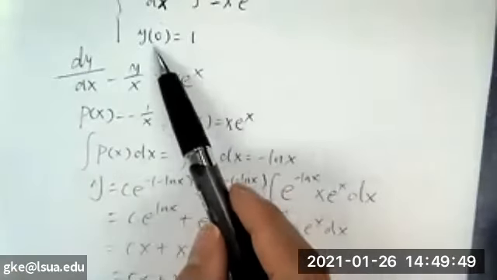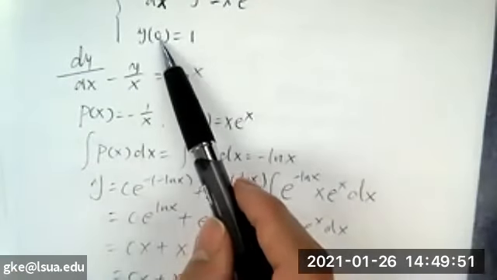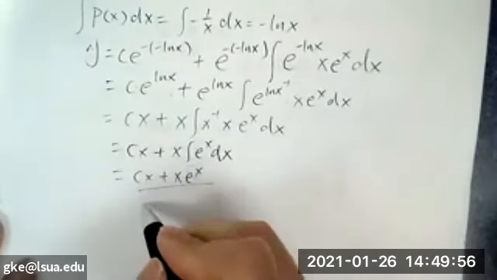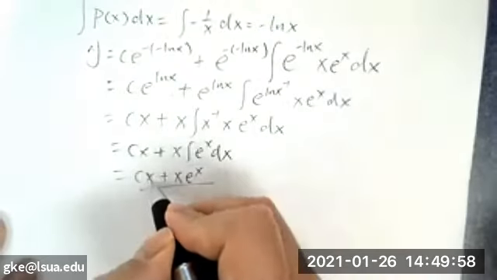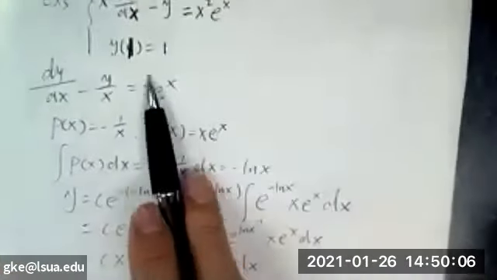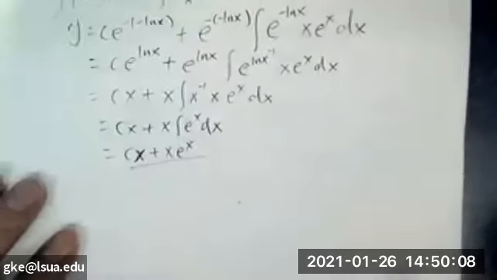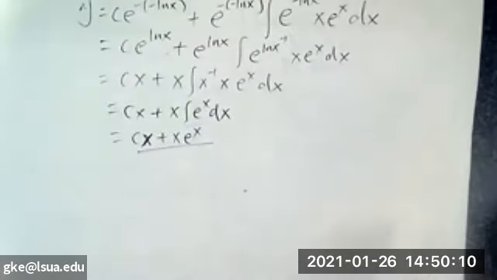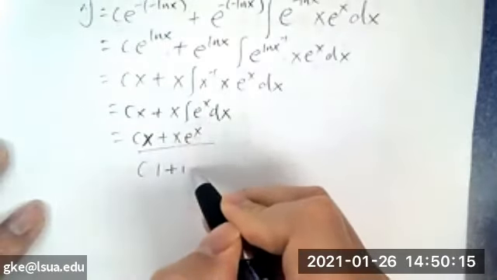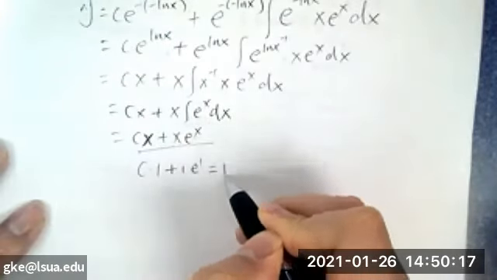Now you're gonna plug in the initial condition, when x equals 0, y equals 1, right? So x equals 0. Oh, I made a mistake. Should be a 1. Sorry. So when x equals 1, y equals 1. Sorry, I made a mistake. So x times 1 equals 1.